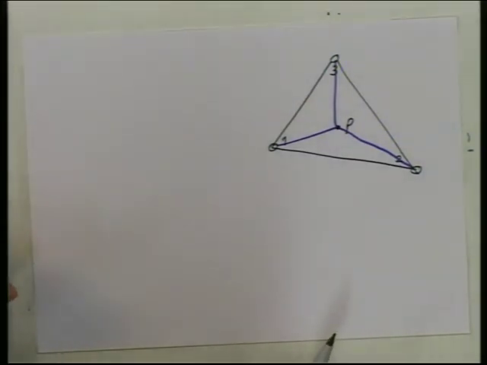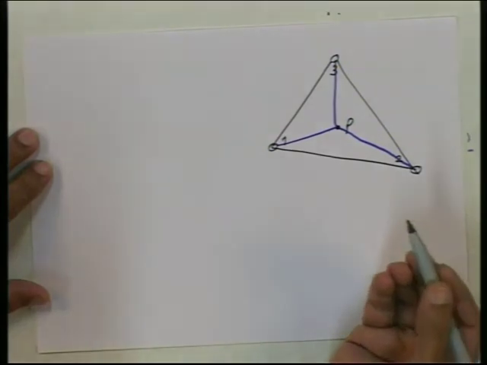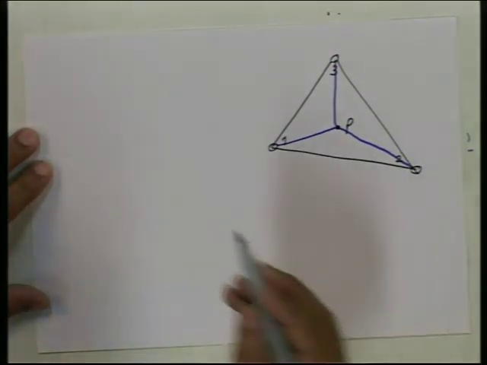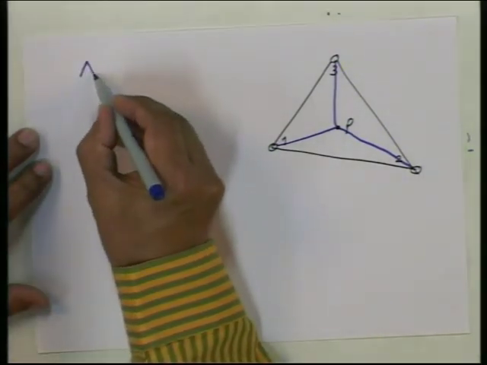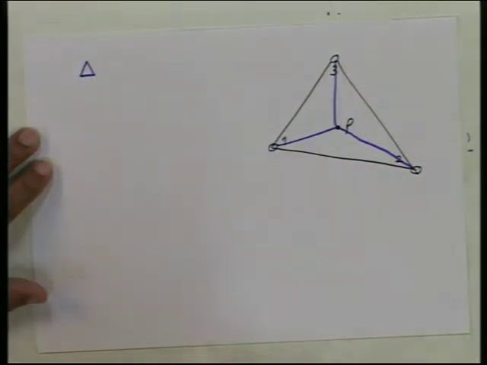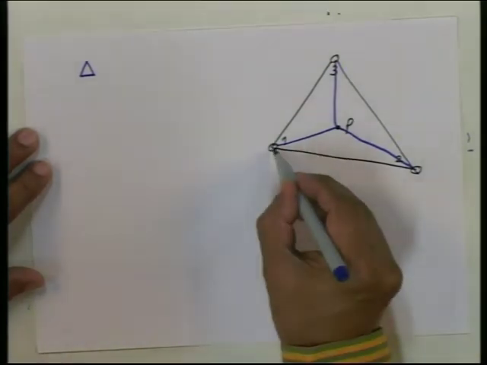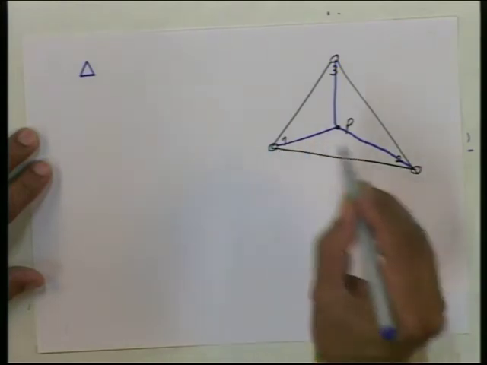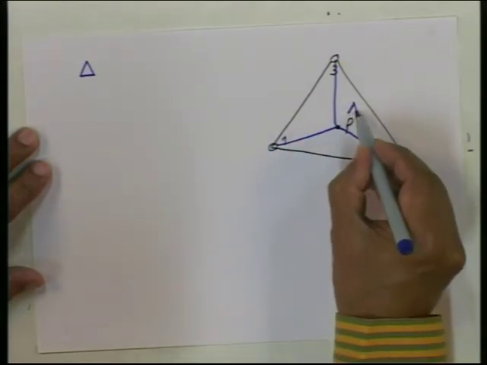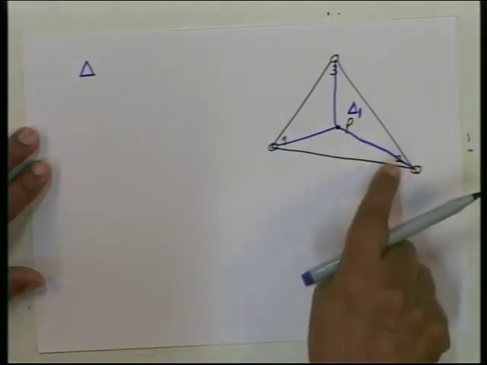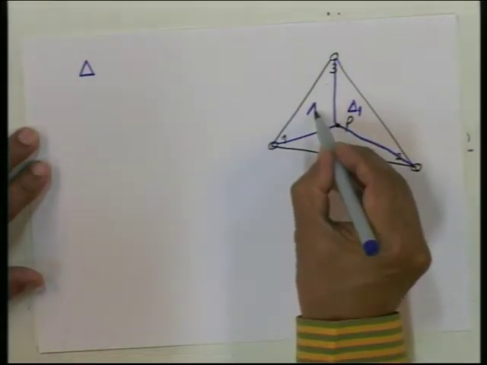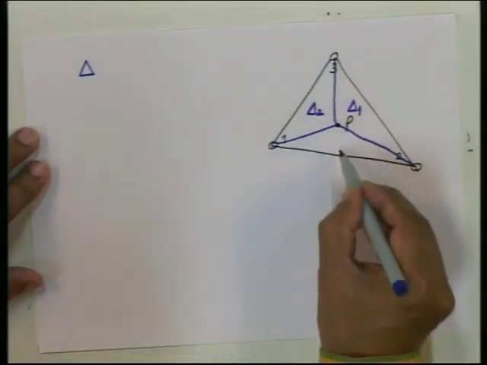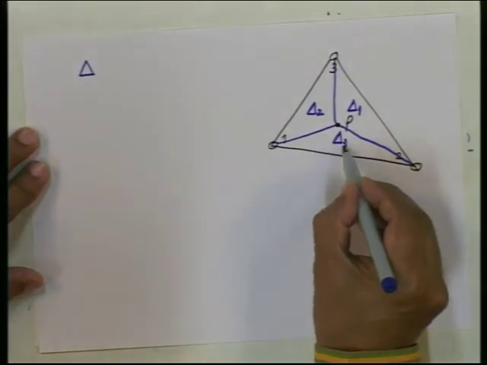Let us call the total area, the area of this triangle, del. Now that is divided into three areas. Call the area opposite node 1 as del 1, opposite node 2 as del 2, opposite node 3 as del 3.